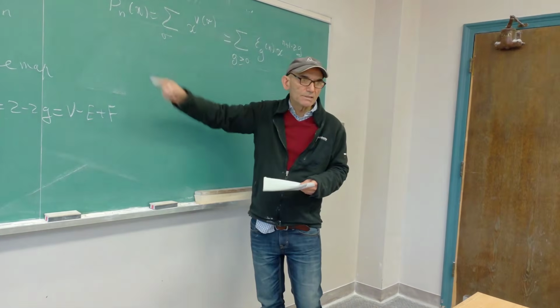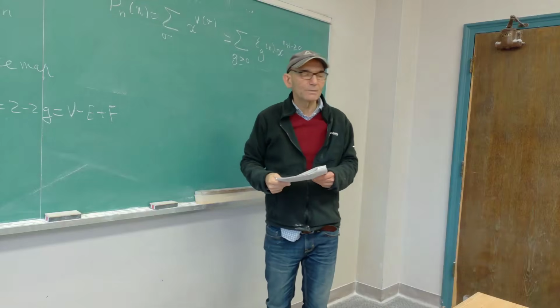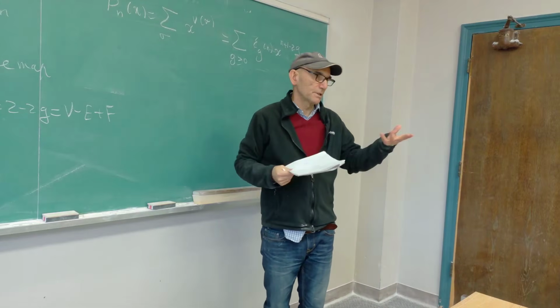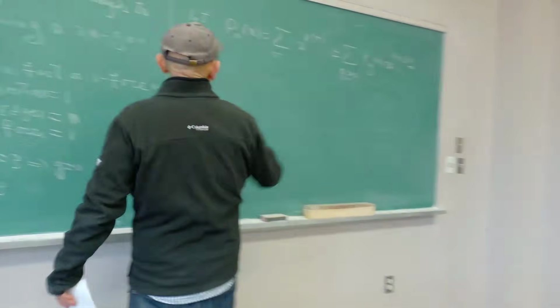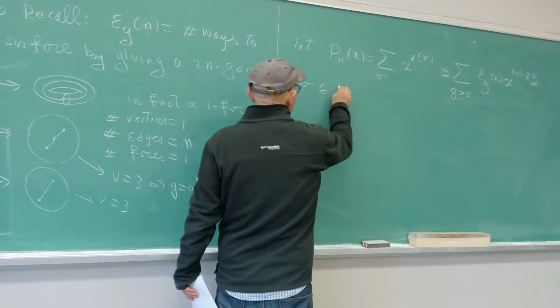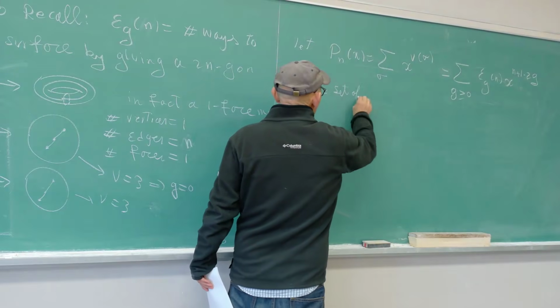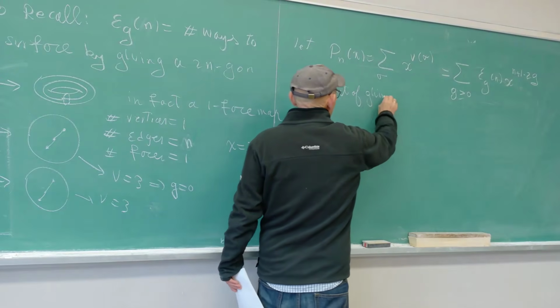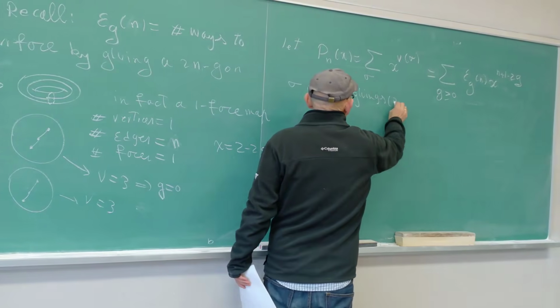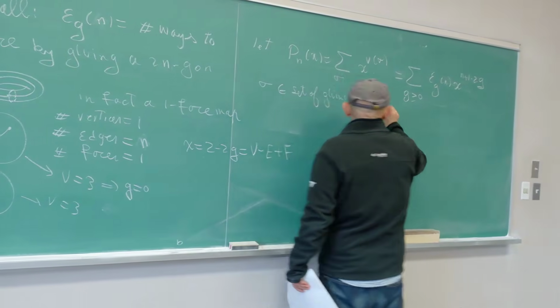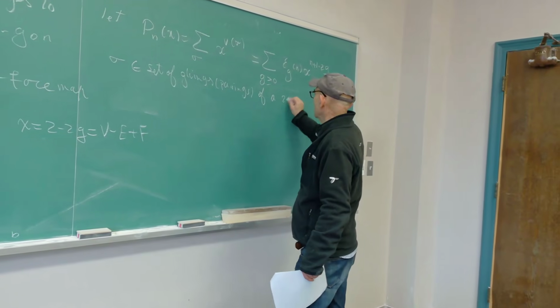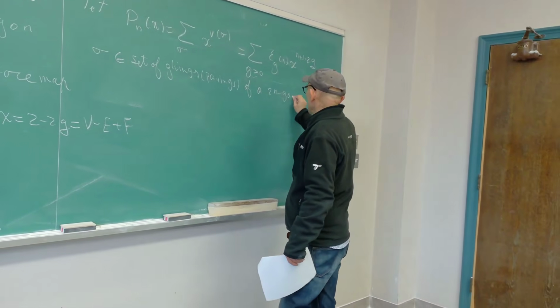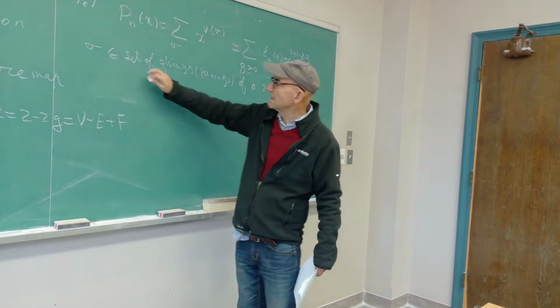Now, this sigma is a gluing of these two n-gons. Sigma belongs to the set of gluings, or pairings, of a 2n-gon.